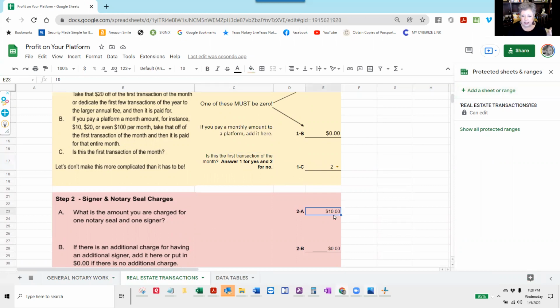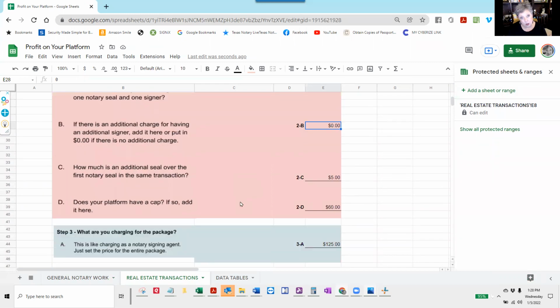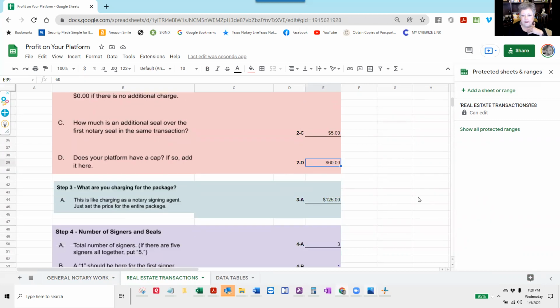So here I'm filling in a 10 because that's the amount I'll be charged for my first one. Is there an additional amount for additional signers? No, still not, but you might have it if you were to use this. How much is an additional seal over the first seal? $5. Does my platform have a cap? Yes, it does. It's $60.